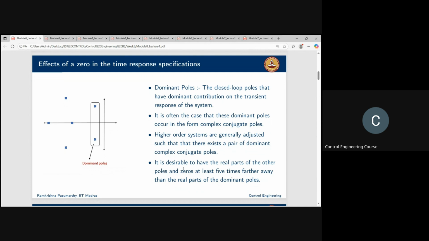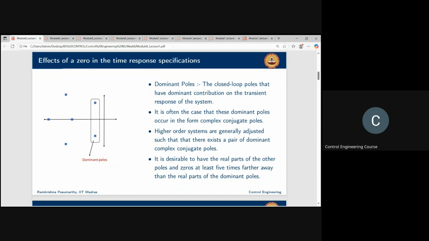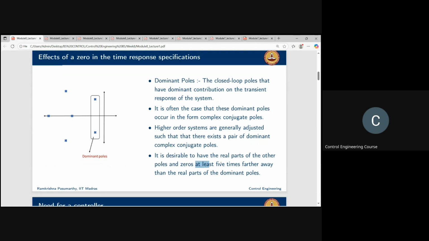I told you, right? A canonical thumb rule is the other poles and zeros should be at least 5 times far. So the real part of the other poles should be at least 5 times far away compared to the real part of the dominant poles. Do you get it?